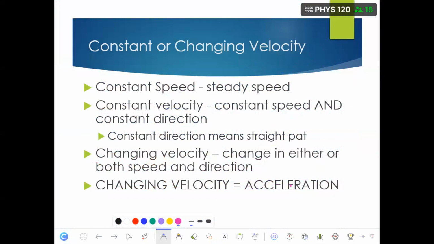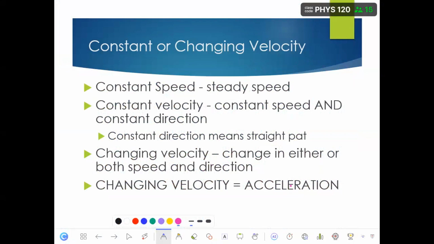Constant or changing velocity. What does it mean?